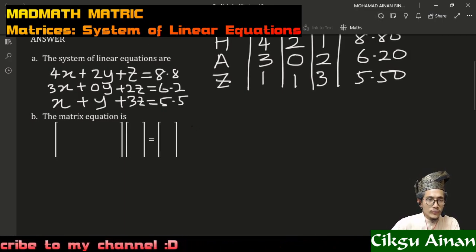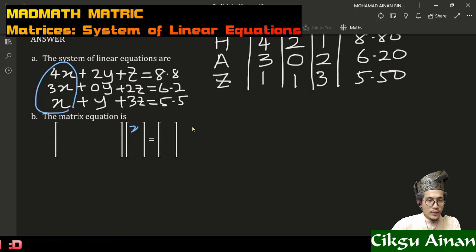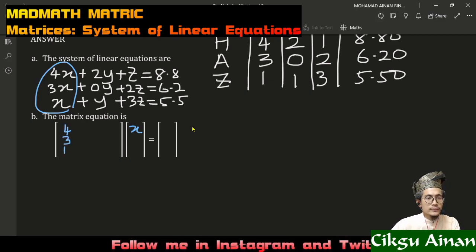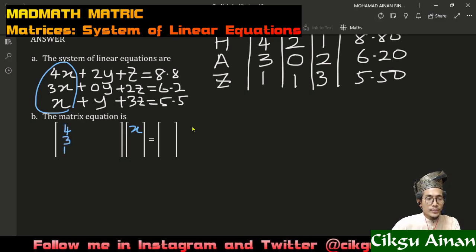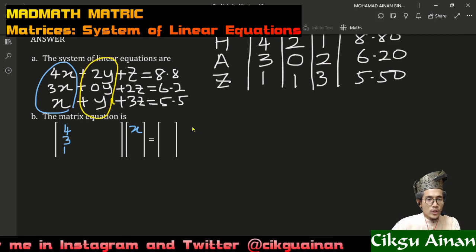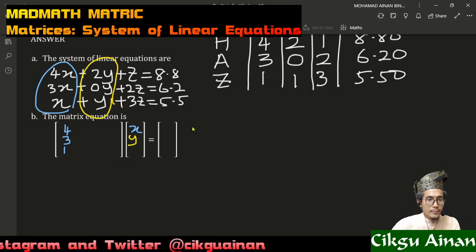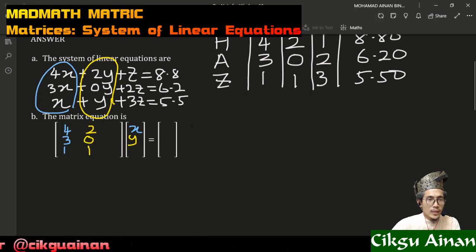Now, we know the x is for the orange. So this is the first variable x. The coefficients are 4, 3, and 1. Actually, we can just copy paste. The next column is y, and the coefficients are 2, 0, and 1.